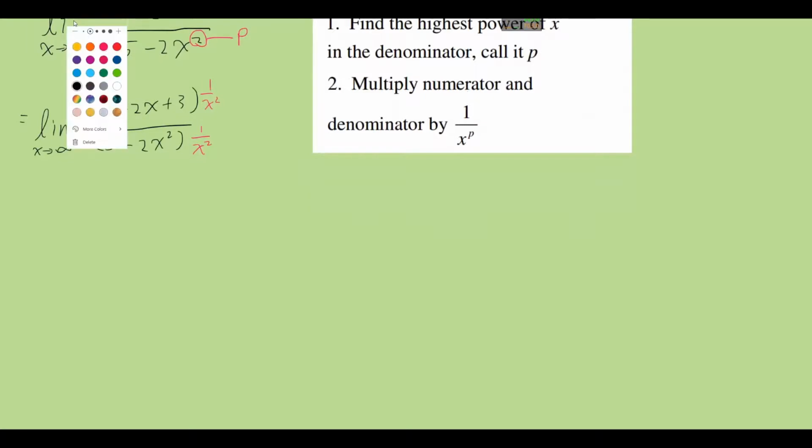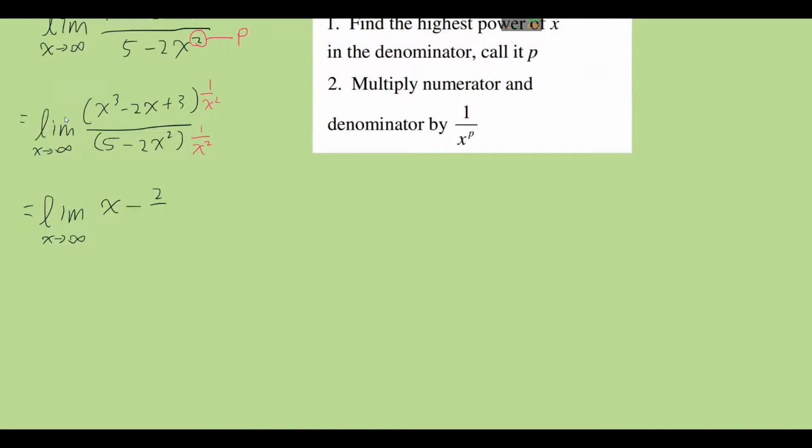After I do distribution and after simplifying, I'll have x cubed over x squared, that's x, minus 2 over x plus 3 over x squared, all over 5 over x squared minus 2. And that's after distributing and simplifying.